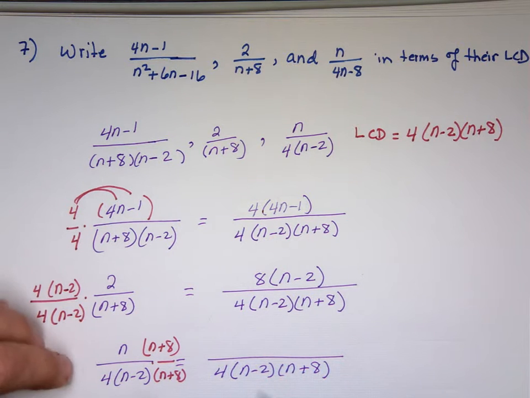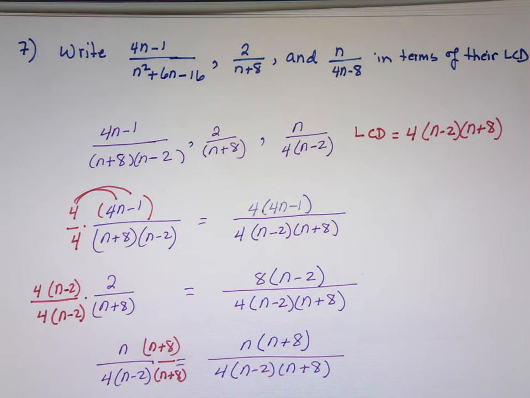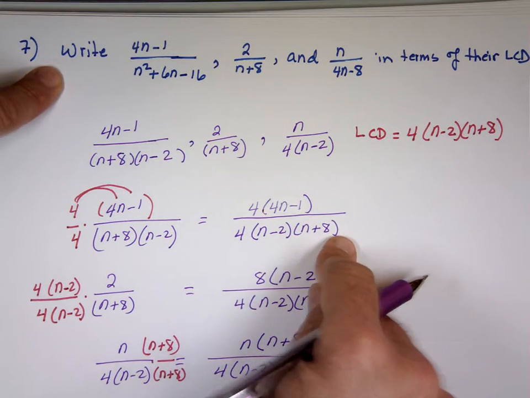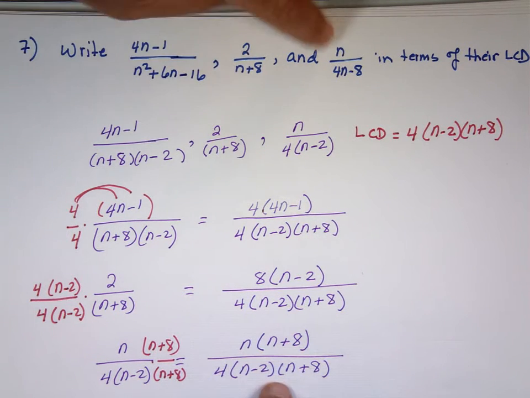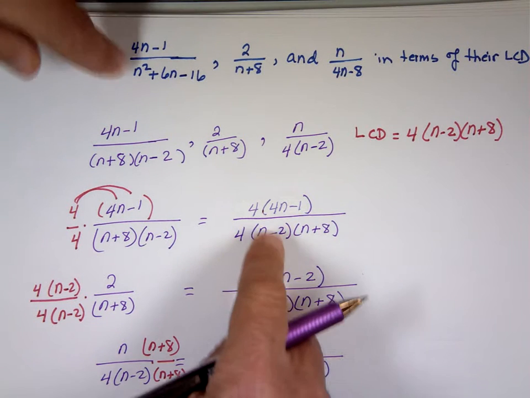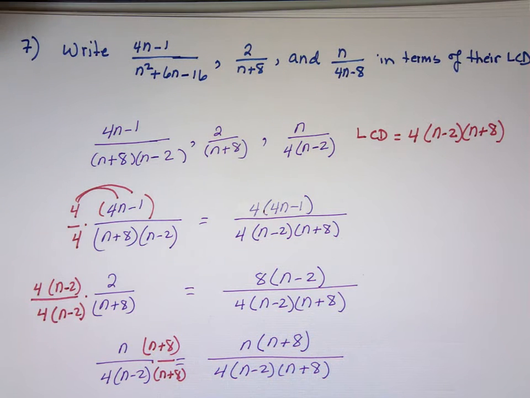So you're going to have n times n plus 8. So when we say write each fraction in terms of the LCD, that's the first fraction, that's the second one, and this is the third one. First, second, third one using the LCD as common denominator.